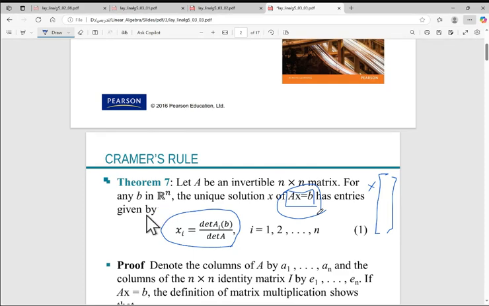So let me tell you. You already had a method to solve Ax equals b, a very general method. It doesn't matter if A is invertible or not.